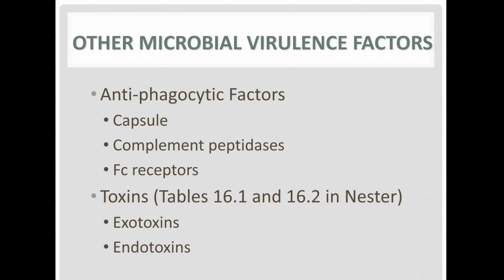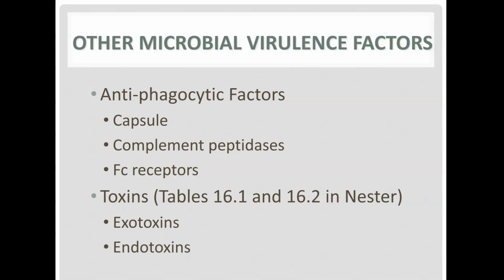Other bacteria have some pretty interesting tricks that they can pull. So it's not just a slime layer that they use. Some bacteria secrete little peptidases. So they're enzymes that can cleave proteins. A peptidase is basically an enzyme that can destroy specific proteins. And these enzymes will destroy complement. Remember that, is it C3b?